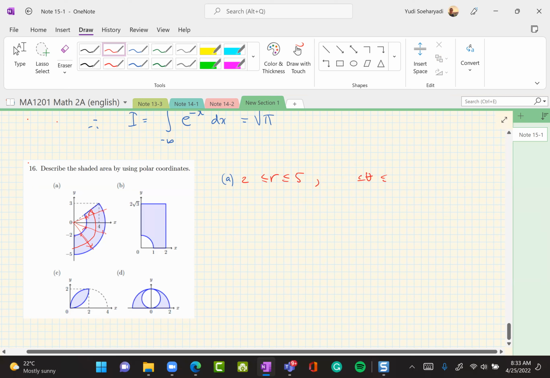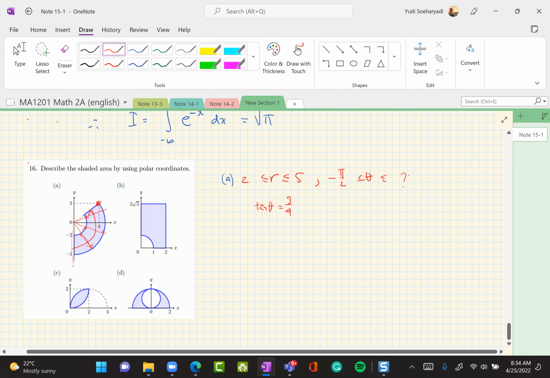Okay. So from negative pi over 2 to, let's see, what's the angle for this? So theta here, tangent theta is y over x.